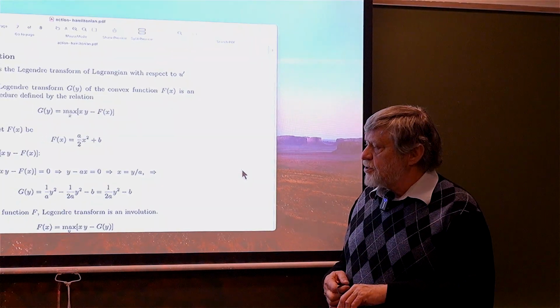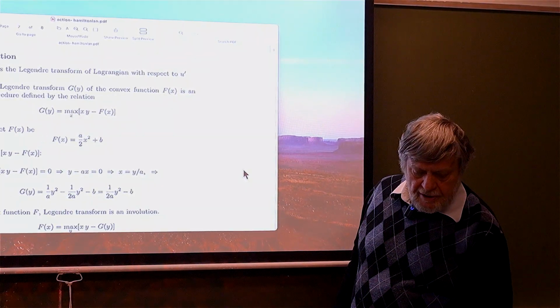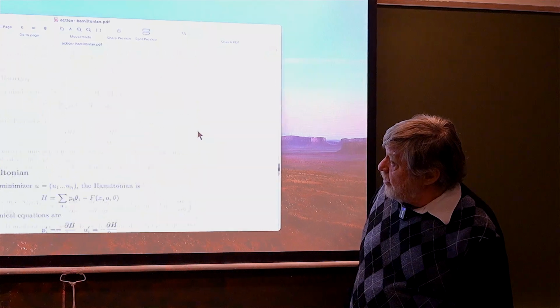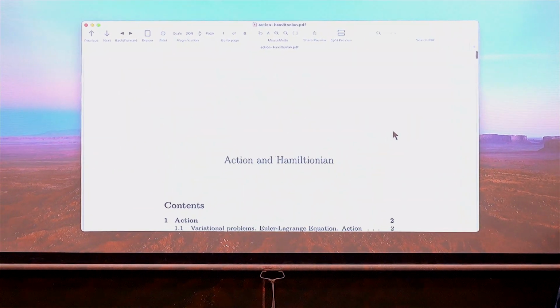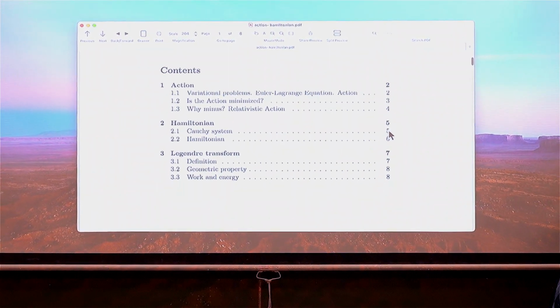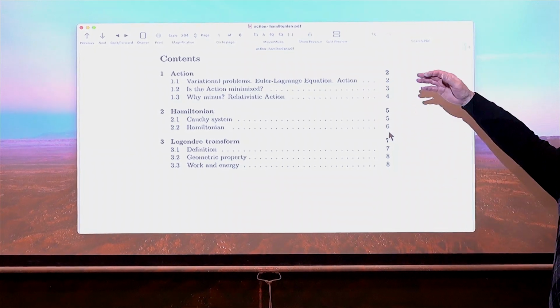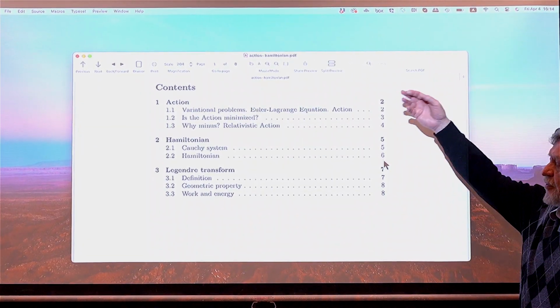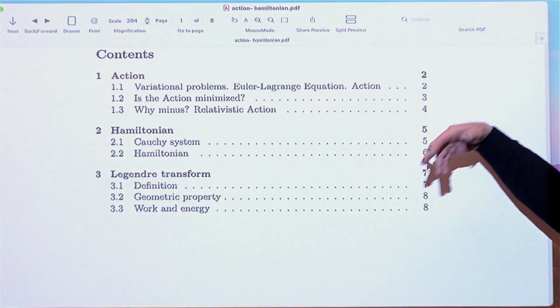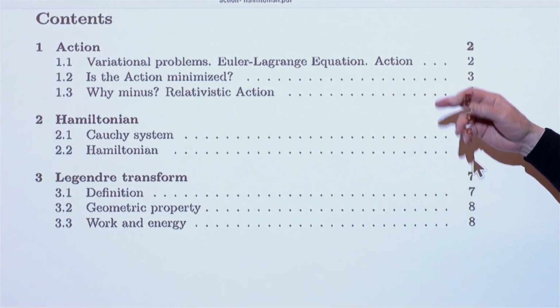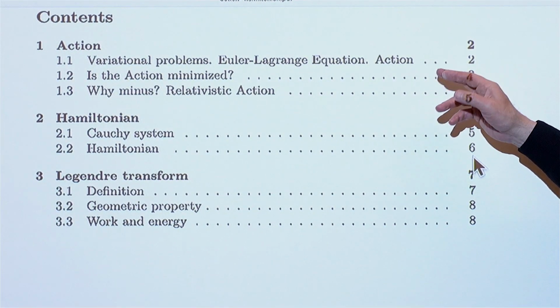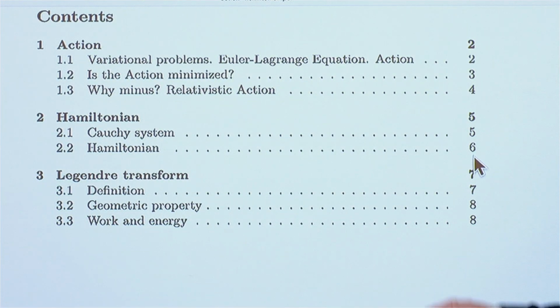Yeah. So just to summarize what we have done. We looked at the simplest variational problem and the Euler-Lagrange equation. Now, for a dynamical problem, Newton's law is equivalent to stationarity of the action. Action is not minimized in general.